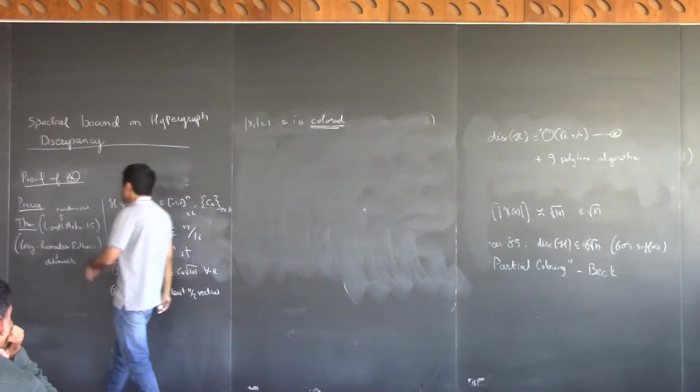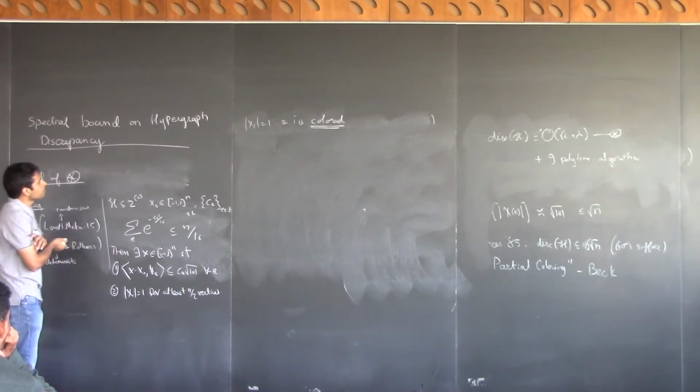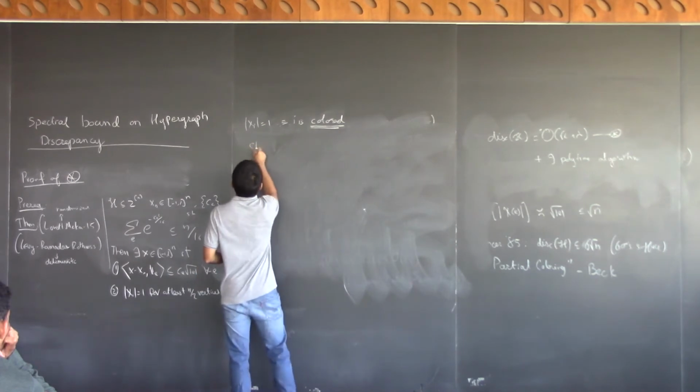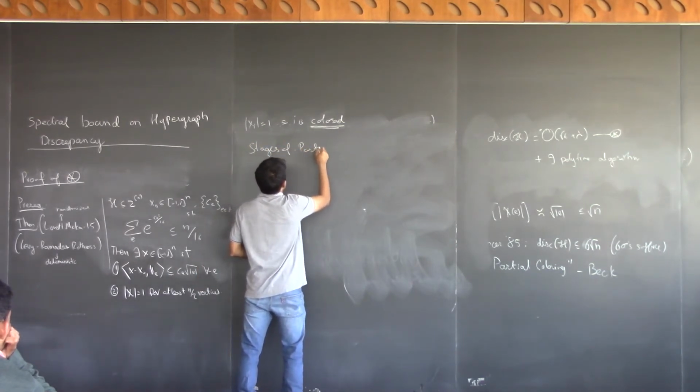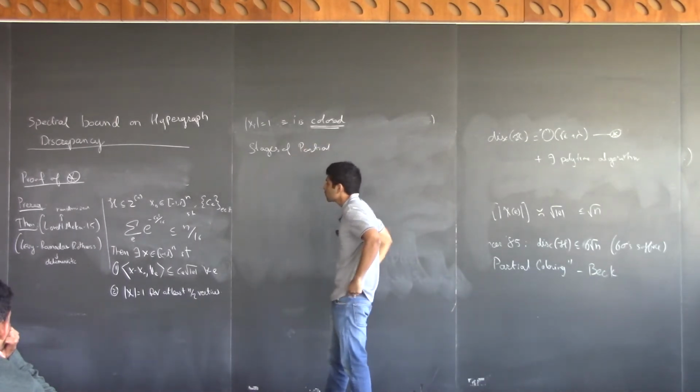Okay, so we proceed in stages of partial coloring. Should I be thinking of x naught as being like the all zeros vector?